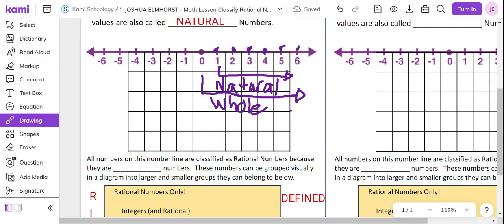So 0 is a whole number, and then all the other whole numbers are going to be the natural numbers. And then we have the complete number line, which includes the negatives, the positives, and 0, and these are going to be called integers.